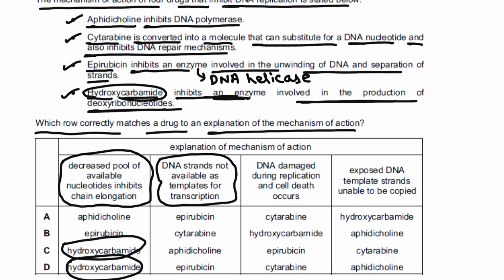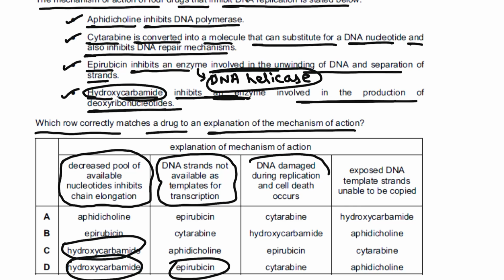When the DNA strands separate, then the DNA strands act as templates. If the DNA strands are not available as templates, it means they cannot separate. And that is done by which drug? Epirubicin, because epirubicin inhibits DNA helicase, which causes the unwinding of DNA. So if the DNA does not unwind, then the DNA strands will not be available as templates.